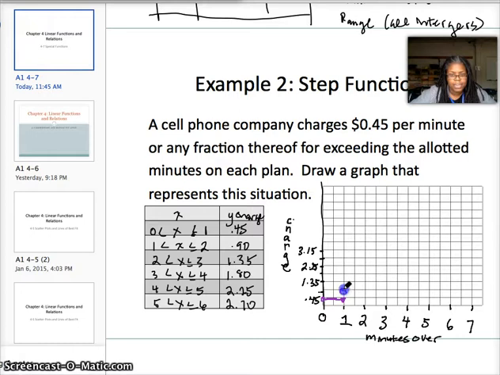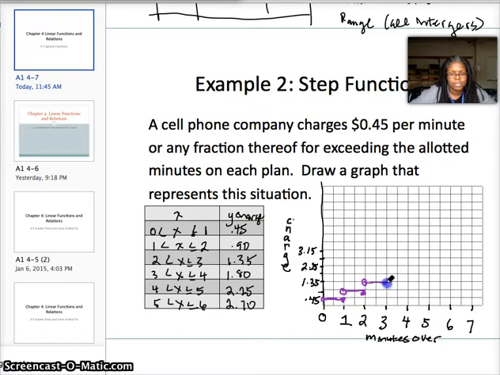So at 1 minute, you're not at 90, but everything after 1 minute, you've paid 90 cents all the way up until 2 minutes. And then another 45 cents is added onto your bill as soon as you go over 2 minutes, not at 2 minutes. So I've got an open circle.